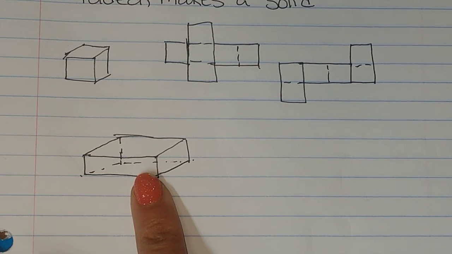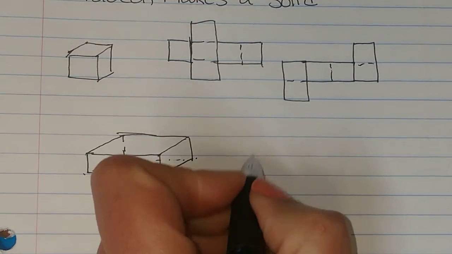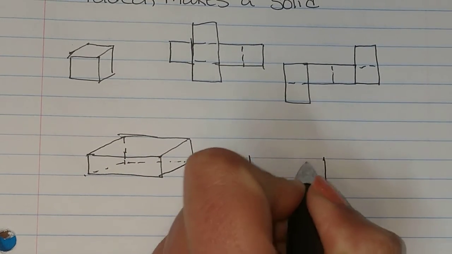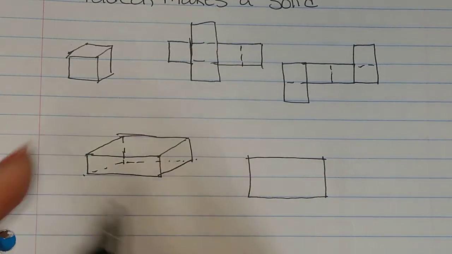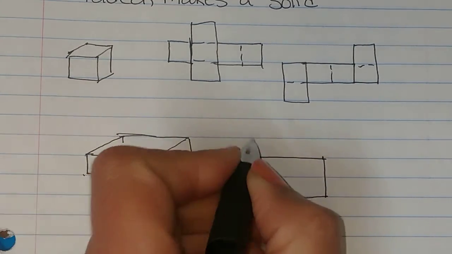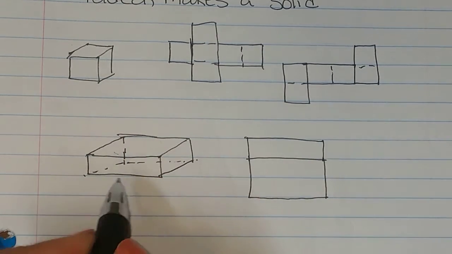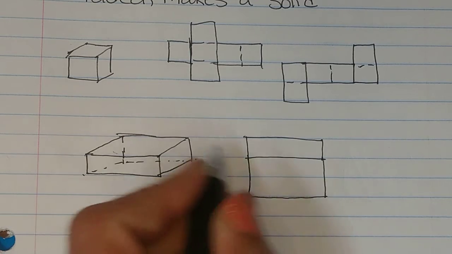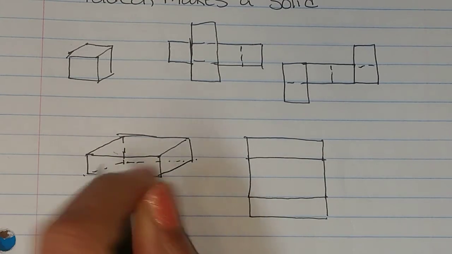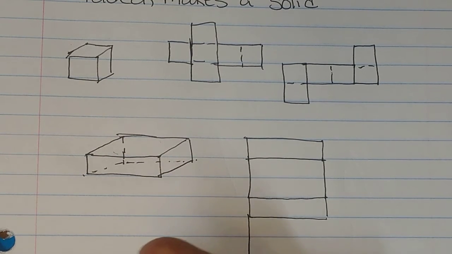Let's see what this shape would look like. Well, I can see that I have a large rectangle here. That would be like this face. Behind it is a smaller rectangle. In front of it is another smaller rectangle, followed by the base, another face, of a larger rectangle.